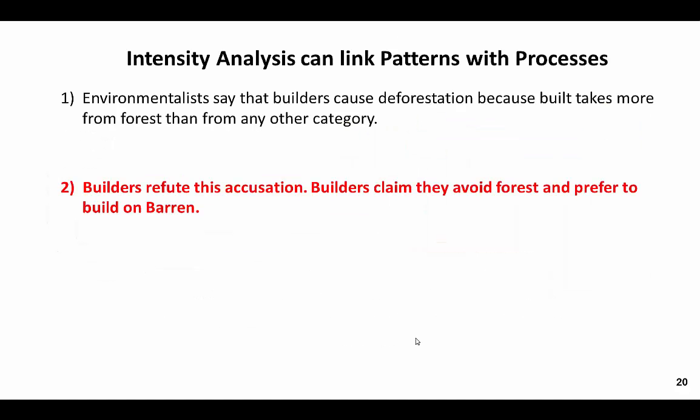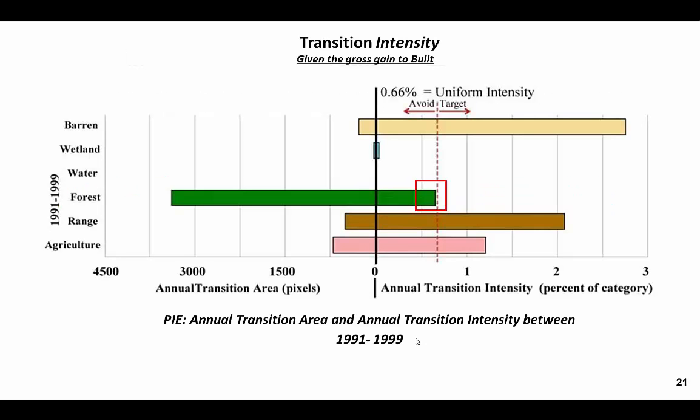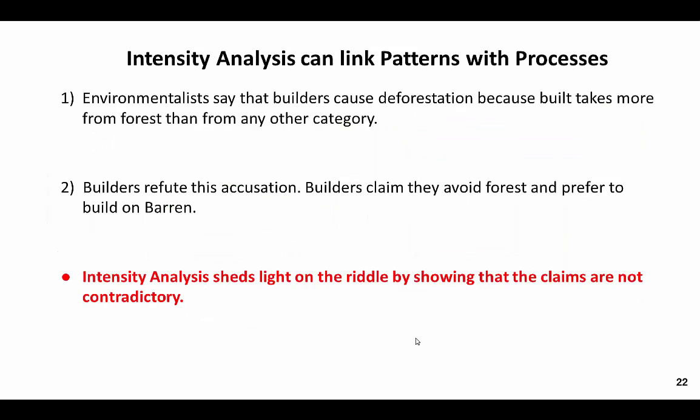However, builders refute this accusation. Builders claim they avoid forest and prefer to build on barren. The right side of the figure shows evidence that builders indeed avoid forest and target agriculture, range, and barren. Intensity analysis sheds light on the riddle by showing that the claims are not contradictory.